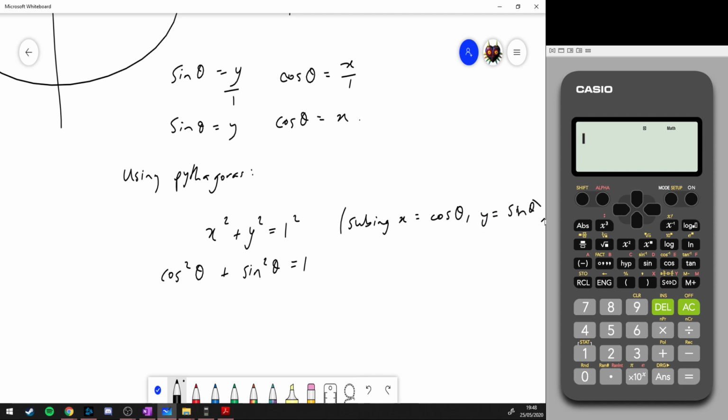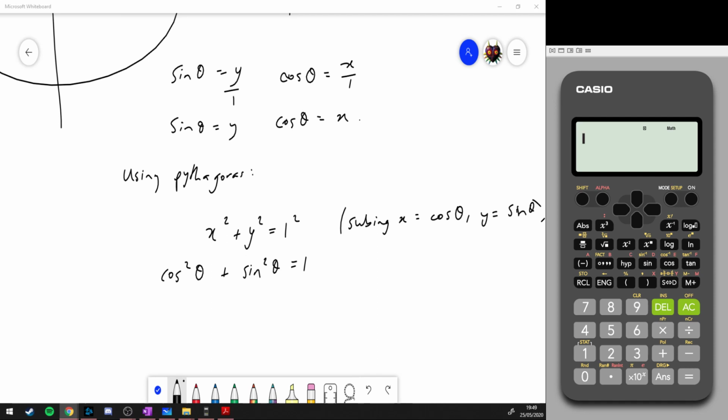Okay, so just doing a simple substitution, we get this Pythagorean identity where the sum of cos squared and sine squared is equal to 1 as well. So the Pythagorean identity, we already know cos squared plus sine squared is equal to 1. And we can use this to convert between the parametric and Cartesian equations of a circle. Okay, and so that's what we're going to be doing in the following examples.